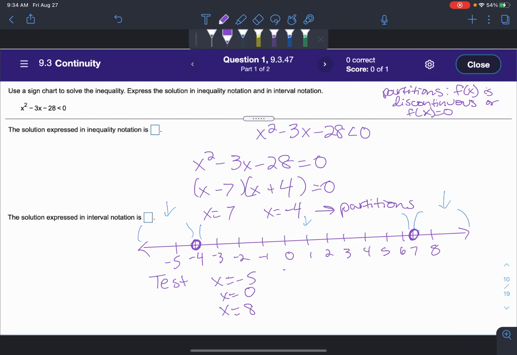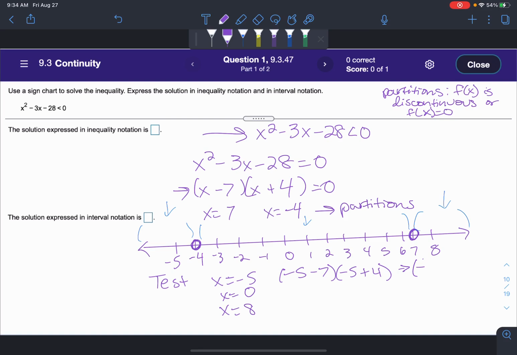So I'm going to use the factored form just because it's a little easier, but you can use the original function as well. You should get the same answer. But anyway, if I plug in -5 for x, so using just signs now, -5 - 7 will give me a negative.